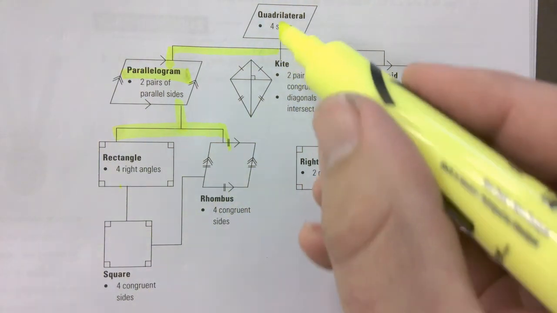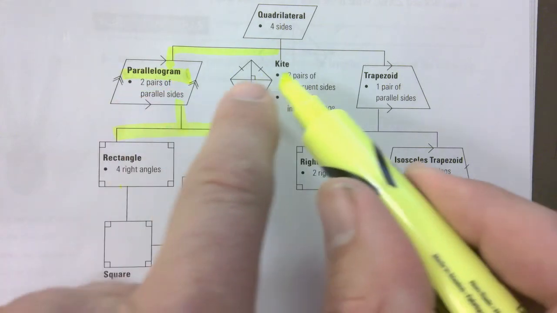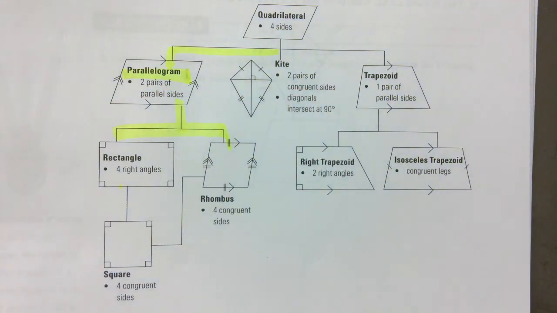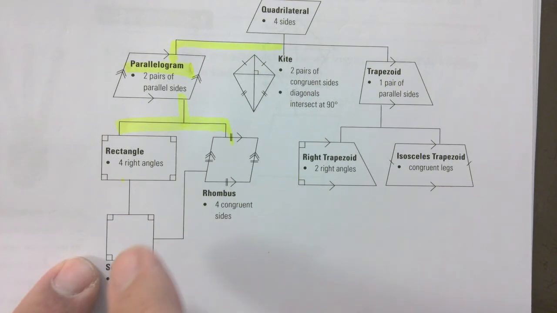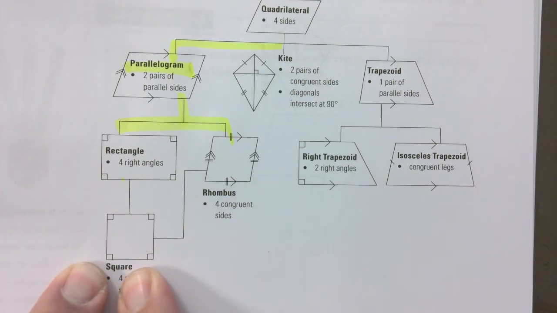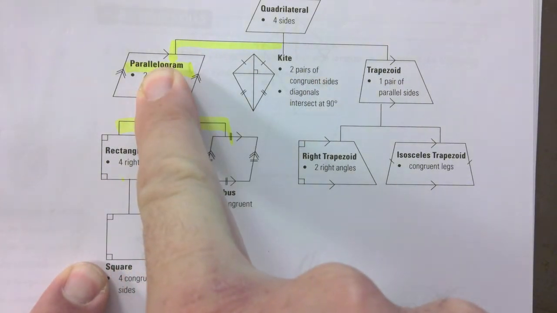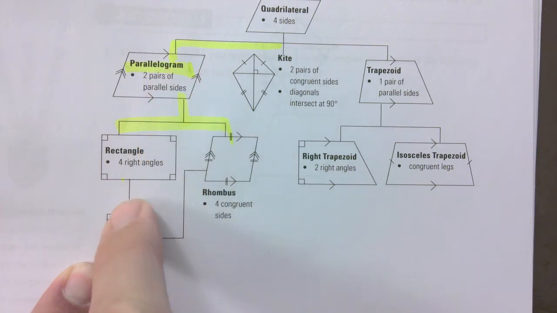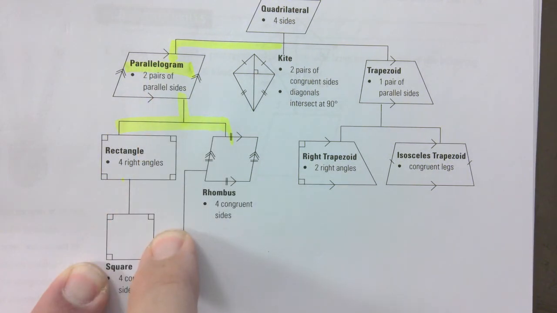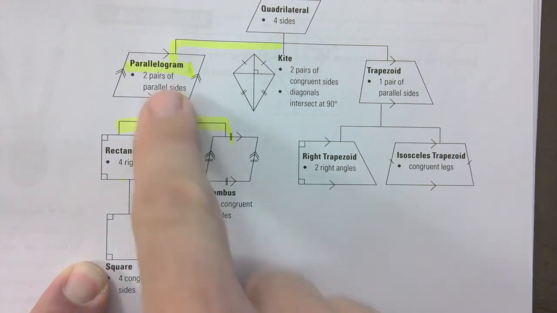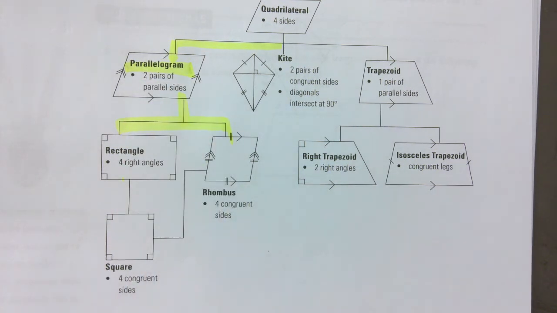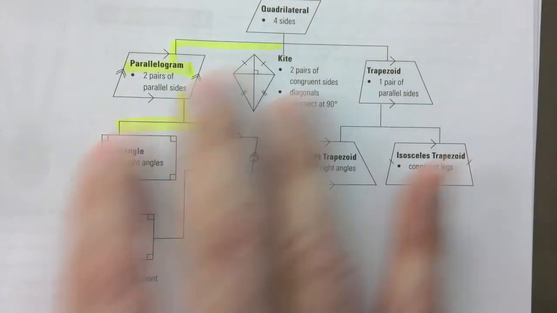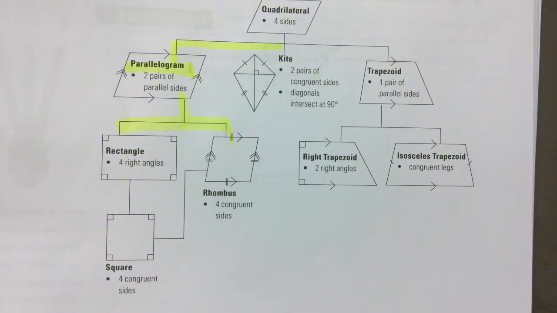But you basically have three main branches: parallelograms, kites, and trapezoids. And if you think about it, a square fits under the parallelogram definition because it has two pairs of parallel sides, and so that is all you need for a parallelogram, right? So it basically says what I already told you, just as a diagram.